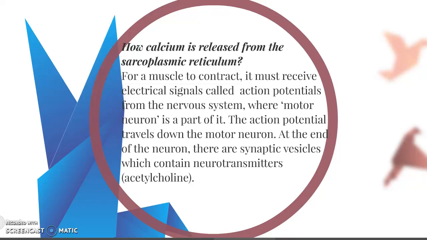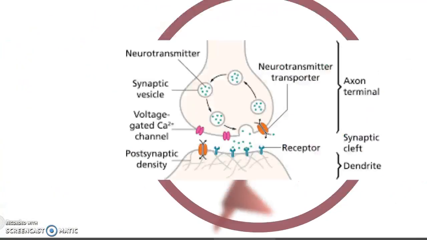So when the muscle receives any electric signals, it passes down through the nerve, and then the motor nerve here, and then this action potential travels down the motor nerve, and at the end of the nerve there are synaptic vesicles. This synaptic vesicle contains acetylcholine, which is a neurotransmitter.